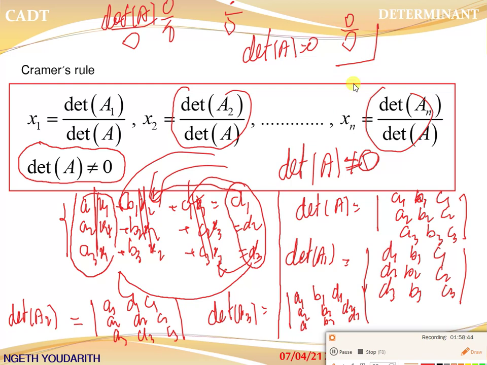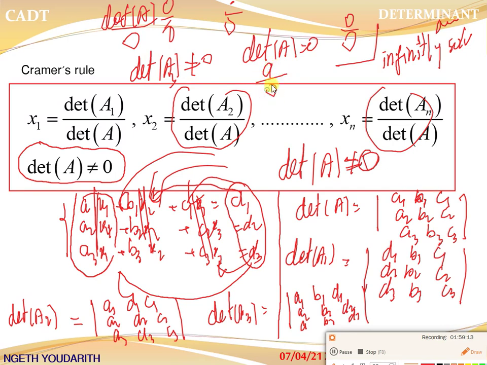It means that this system of linear equations has infinitely many solutions. But if this one is 0 over 0, this one 0 over 0, but determinant A3 is not 0, then it is a nonzero number over 0, so this equation has no solution.